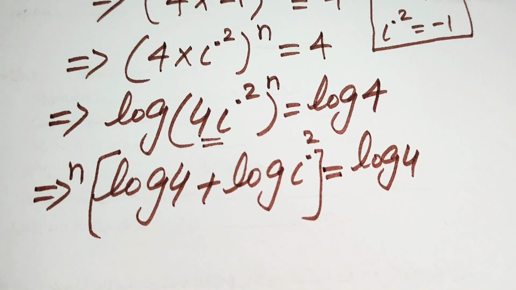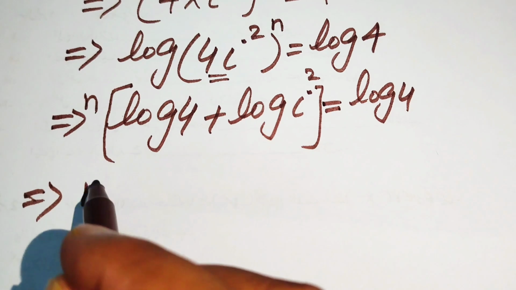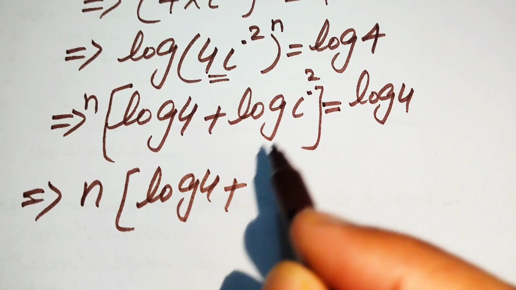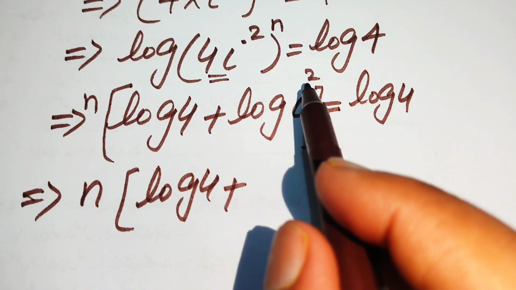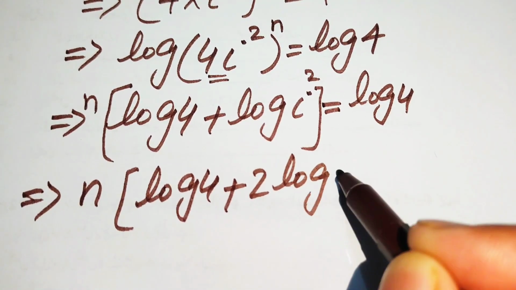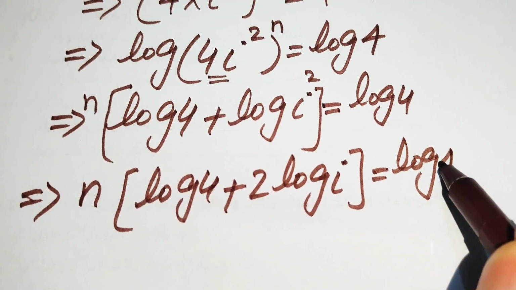So after that, here we again need a little bit of simplification, and we write it as n times log 4 plus, here we again use the property of log, and we move this 2 inside the log, and we write it as 2 times log iota is equal to log of 4.